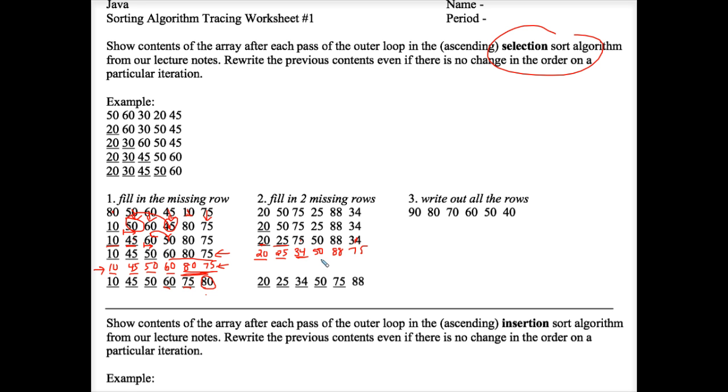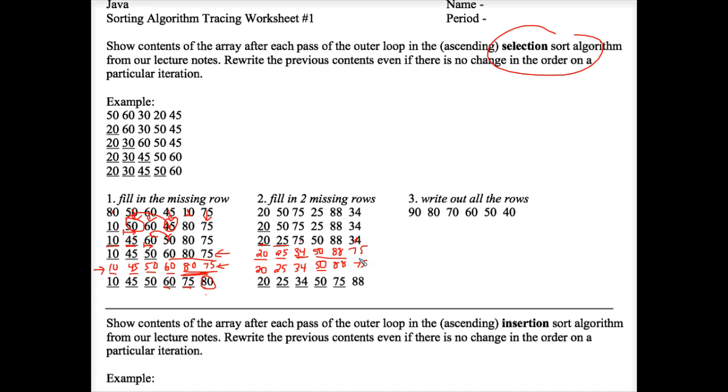On the next pass of the outer for loop, the algorithm compares the 50, the 88, and the 75. The 50 is the smallest, so the 50 is now underlined, it's now set in stone, and these other elements, of course, are still where they originally were located, and the 88 and the 75 stay in the same place.